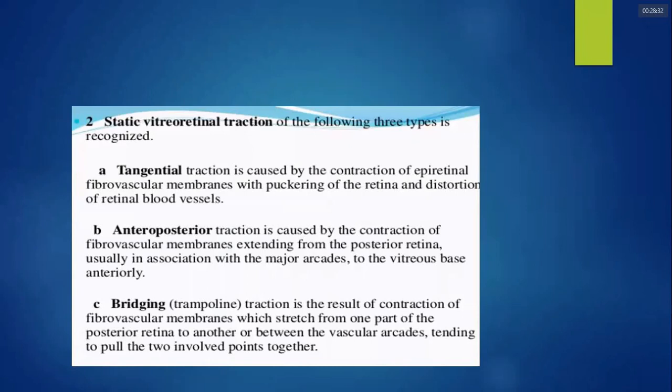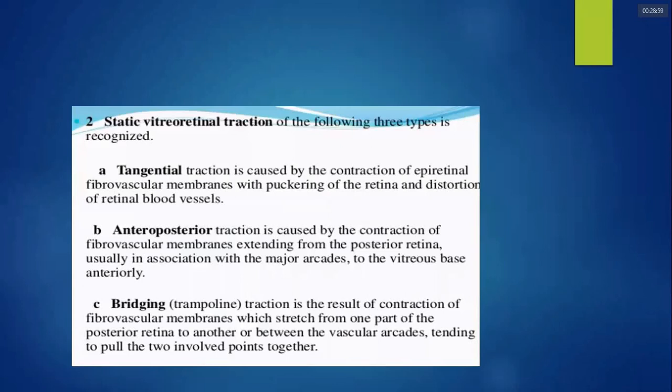Tangential traction is caused by contraction of the epiretinal fibrovascular membrane with puckering of the retina and distortion of the retinal blood vessels. Fibrovascular membrane forms following diabetic retinopathy, and when it pulls, it results in retinal detachment.